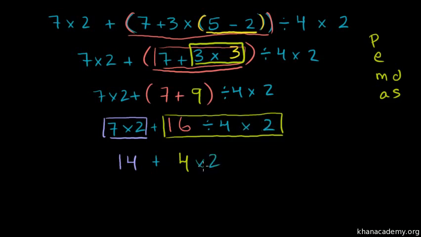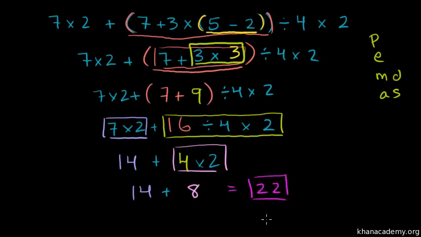And then we're going to want to do the multiplication next, because multiplication takes priority over addition. This simplifies to 8. And so you get this 14 right here, plus 8. And what's 14 plus 8? That is 22. That is equal to 22. And we are done.